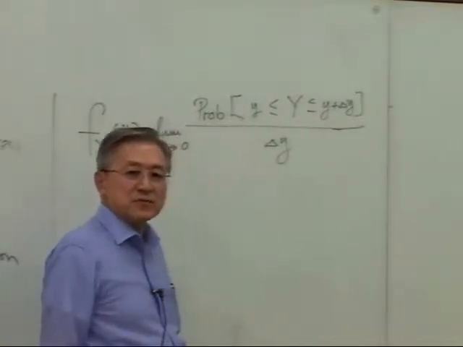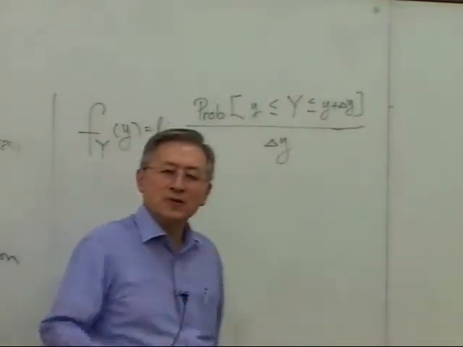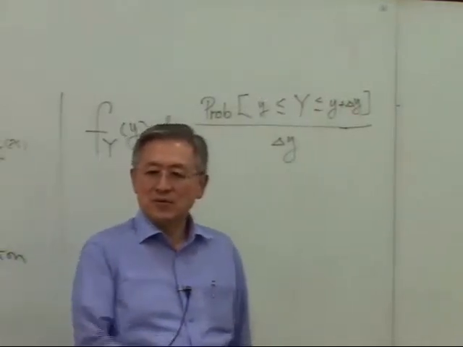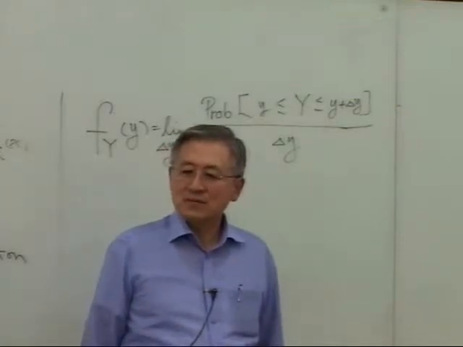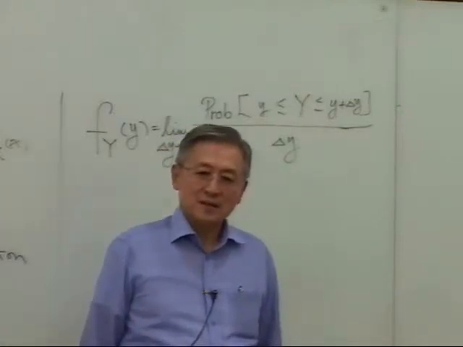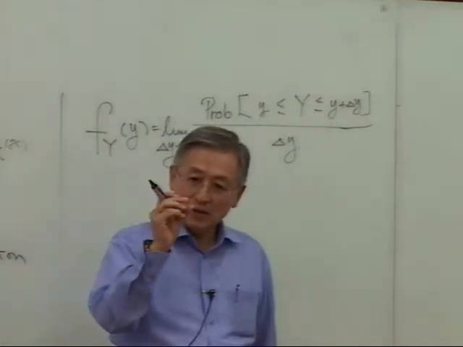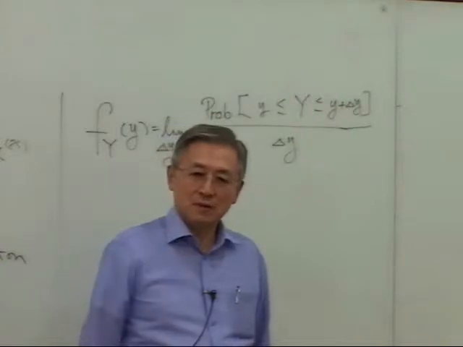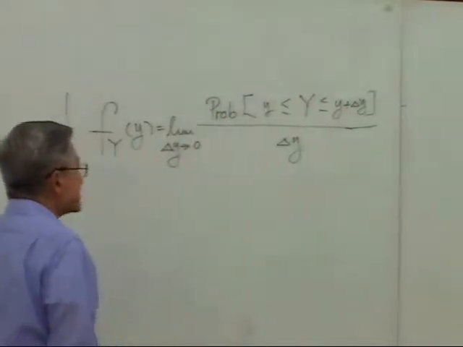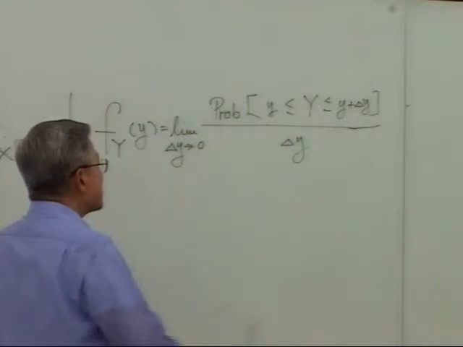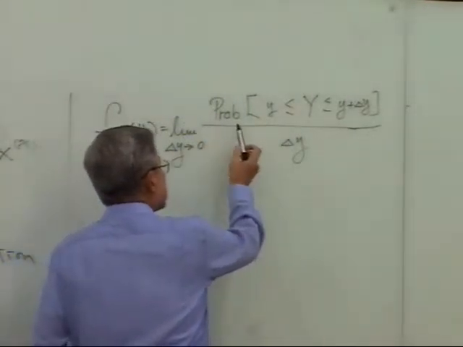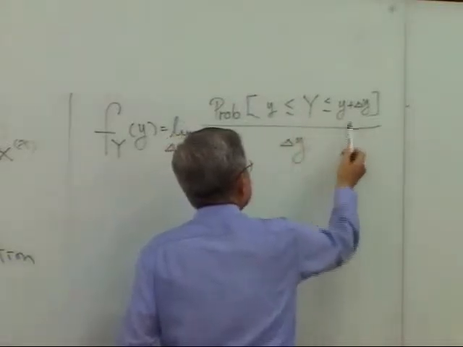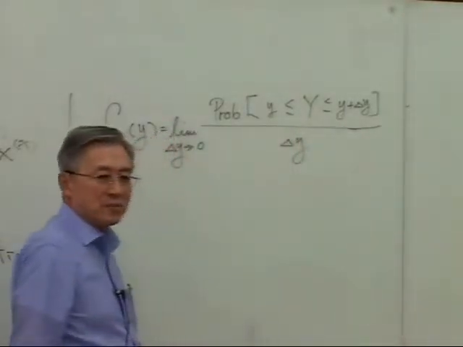It's like the slope of the probability distribution function right at the point y, as delta y approaches 0. Clear? I can rewrite this as the probability that capital Y belongs to the interval y to y plus delta y.